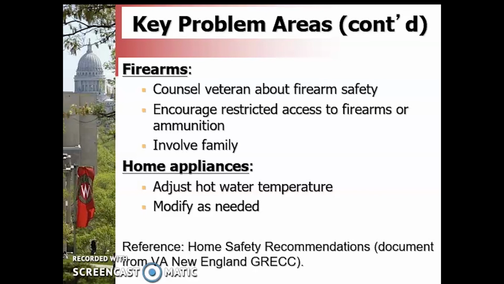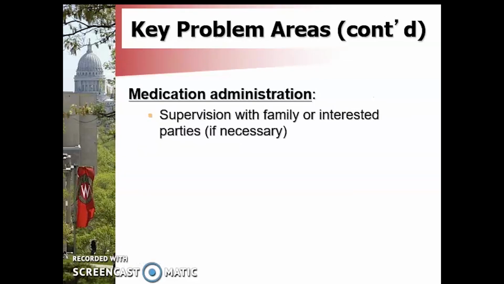We might not consider home appliance adjustments, adjustments of water temperature in the home or other things to prevent scalding. And we may overestimate the patient and or their family's ability to appropriately administer medications. So all of these things turn out to become very important elements in a care plan.